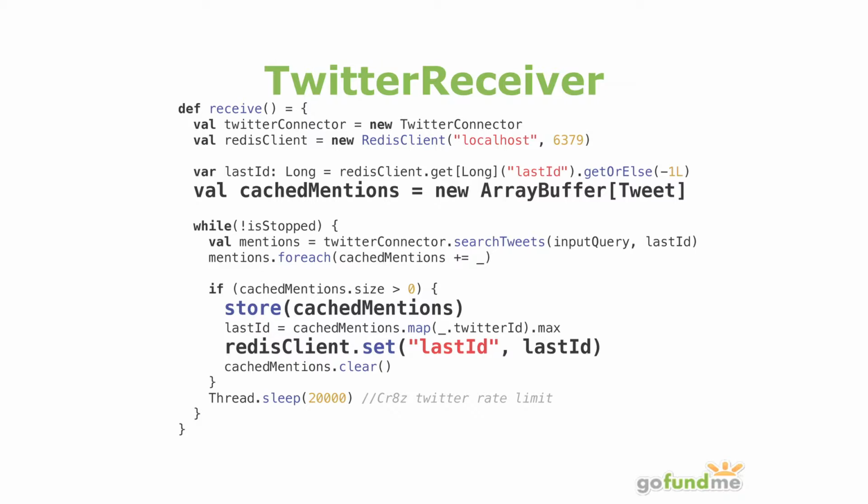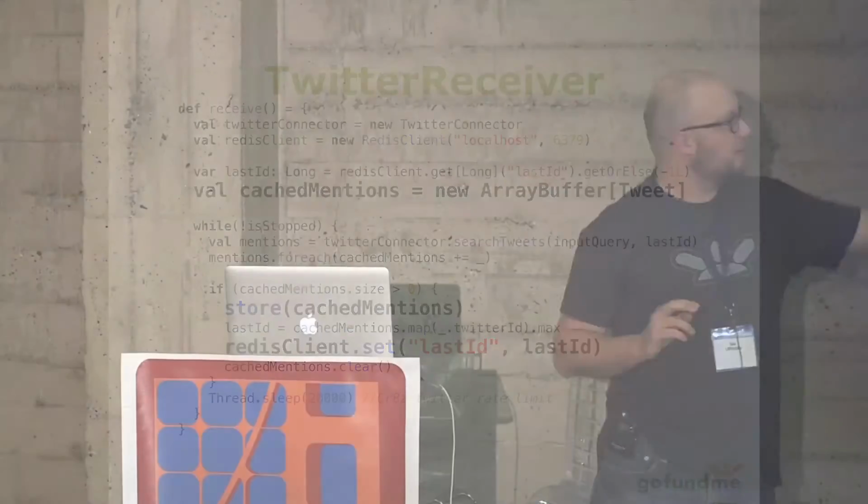So again, ignore most things. Actually, the one line above this, you can see how it does the caching. But notice how we're actually storing our tweets ourselves. We're storing them in an array buffer. And there's two ways to get an array of this. One is the API gives you back an array. The other one is you can build it up yourself.